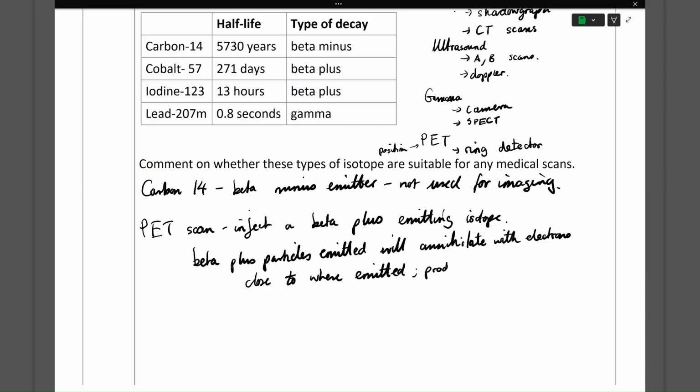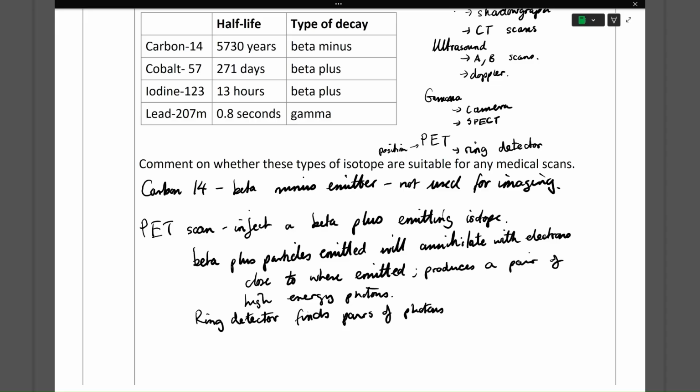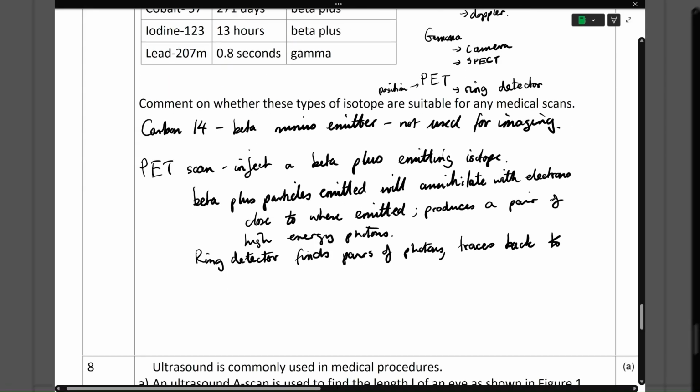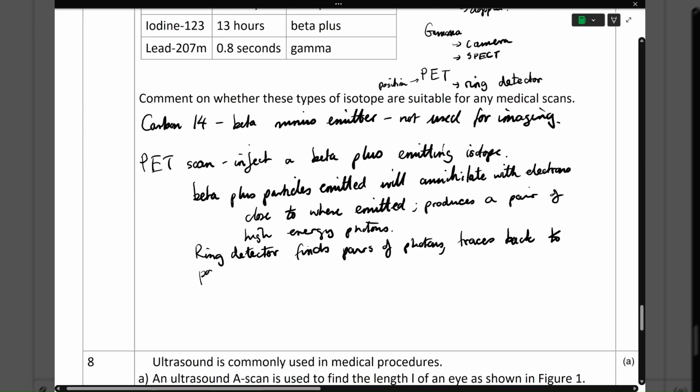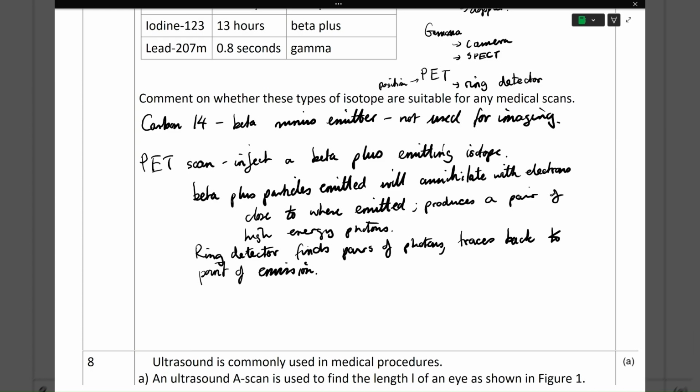This produces a pair of high energy photons, and a ring detector finds pairs of photons and traces back to the point of emission, and then through this process we can build up an image.